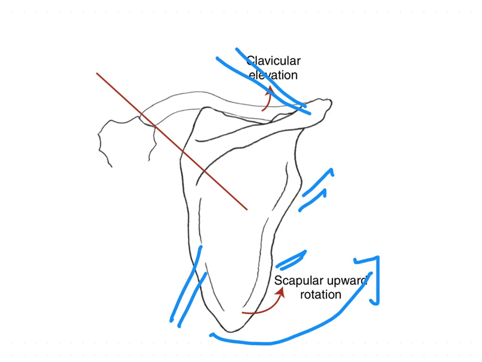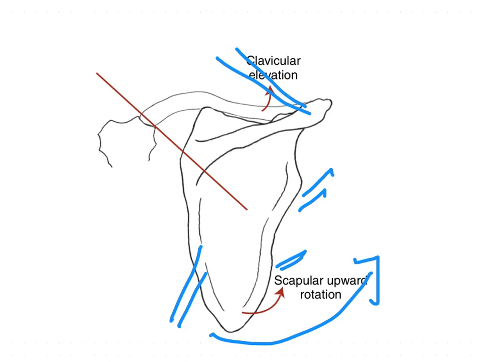Although this motion would most likely occur at the acromioclavicular joint, the tension in the conoid and the trapezoid, that is the coracoclavicular ligaments, prevents this acromioclavicular movement.